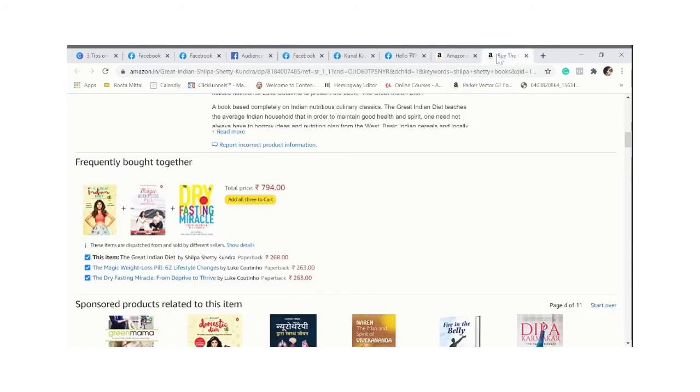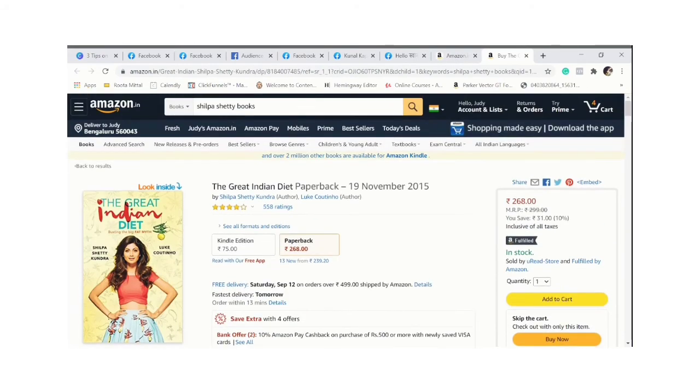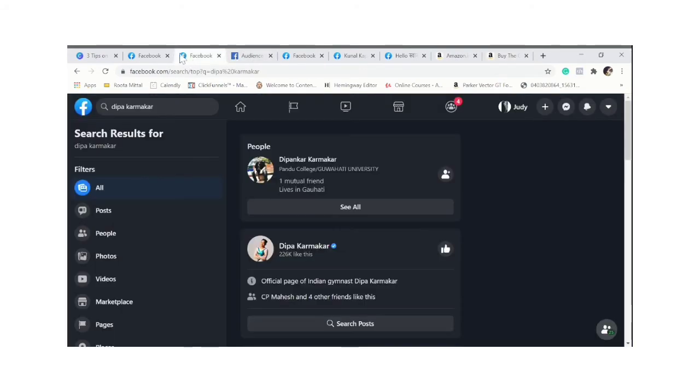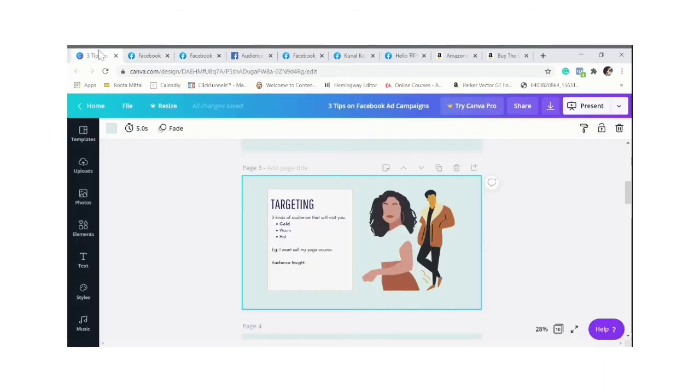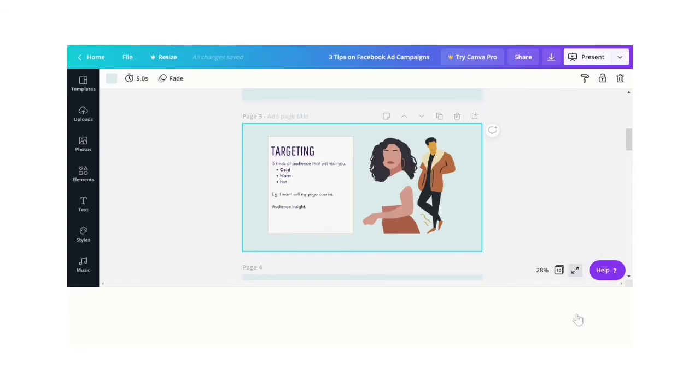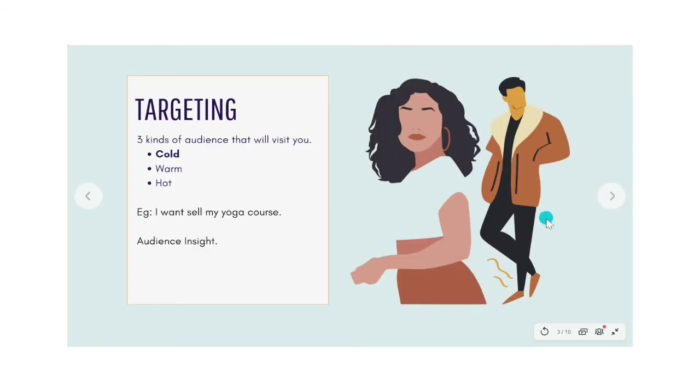But are you understanding? The whole point is that I'm trying to tell you how to do your research, right? So you can always do these kinds of searches to identify where you can find your ideal customers, right? Now, what I'll do is opt for all of these options.